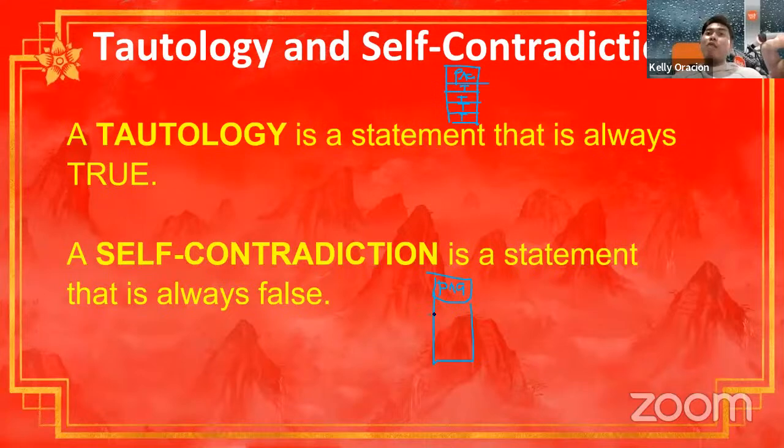Kung false na sila tanan, ang tawag is self-contradiction. Again, kung true tanan yung truth value niya, ang tawag tautology. Kung false naman lahat ang truth table, ang tawag self-contradiction.